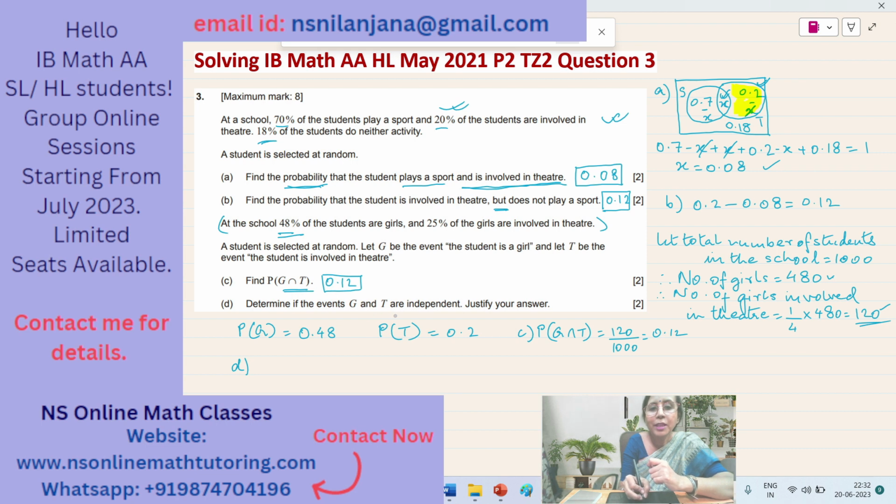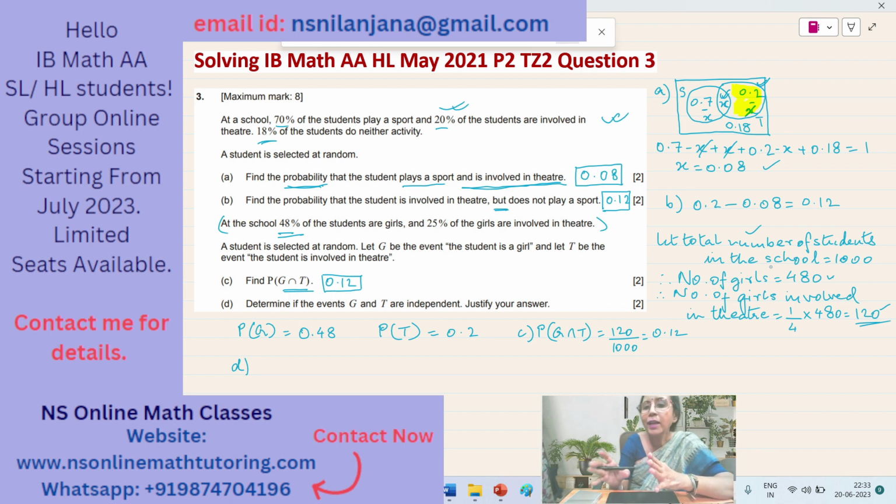So G and T are independent. For this, I have to use the formula, which an IGCSE student doesn't know, of course. I have just taken this part because I have seen many students who just try to apply whichever formula they think to be relevant, and they come up with some strange answers.